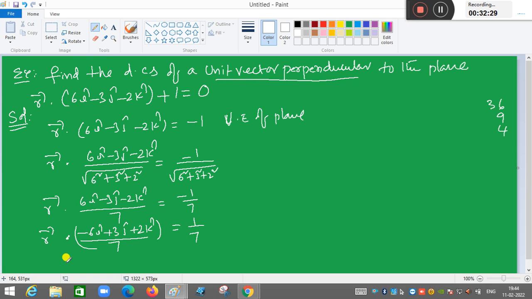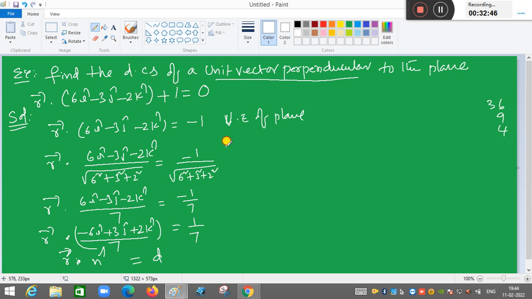This is in the form r bar dot n cap equal to d. Here 1 by 7 is d, the perpendicular distance from the horizon to the plane. What is asked is the direction cosines.